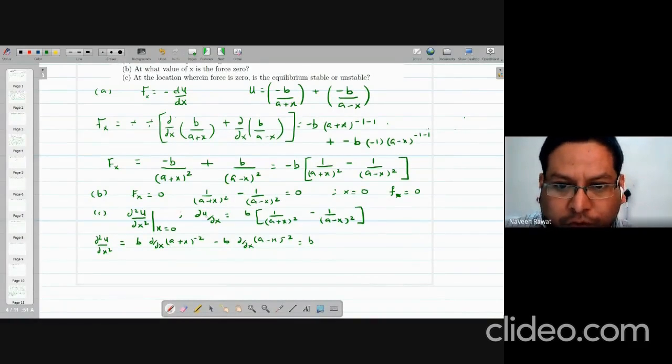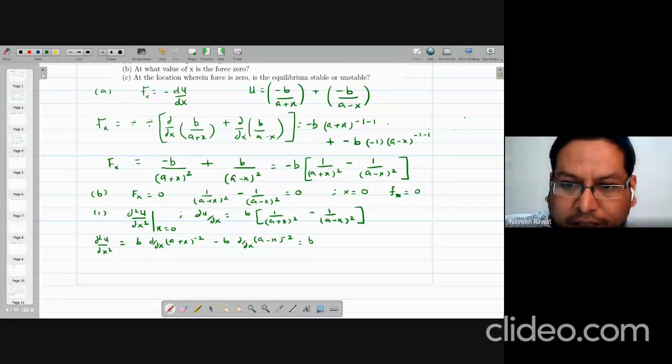Okay, so we have the du by dx function. We have already calculated it. Now let's take the derivative of this function. So d square u by dx square will be: b is a constant, and we are taking the derivative of the term (a plus x) raised to minus 2. The second term will be minus b d by dx of (a minus x) raised to minus 2.